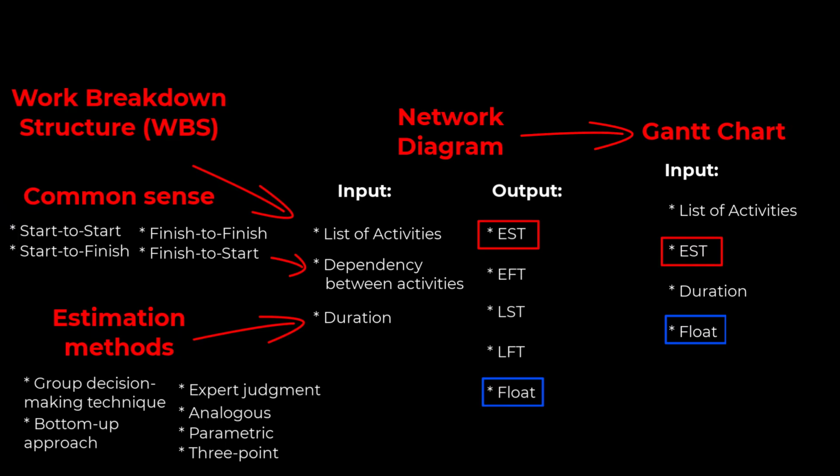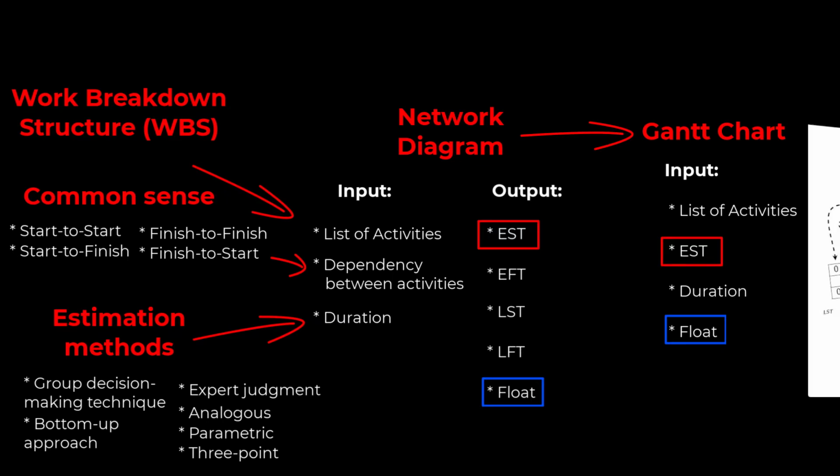So the methods that are suitable from the PM book are, for instance, expert judgment, analogous estimation, parametric estimation, 3-point estimation, bottom-up approach, and also group decision-making techniques. So in one of my courses, I spend an entire lecture on each of these estimation techniques, so I can't really recap that here. When it comes to work breakdown structure, yeah, that's also an entire lecture.